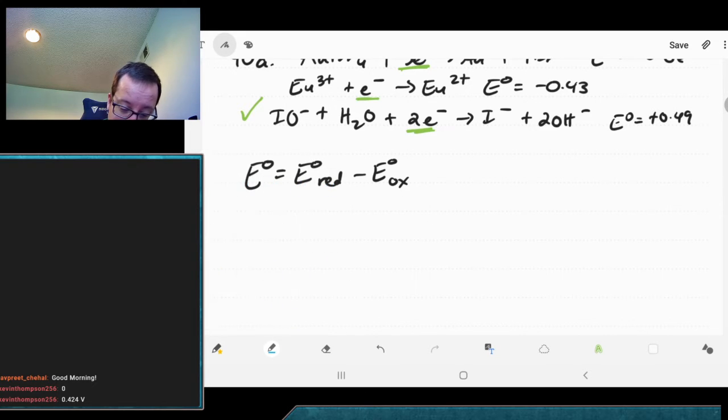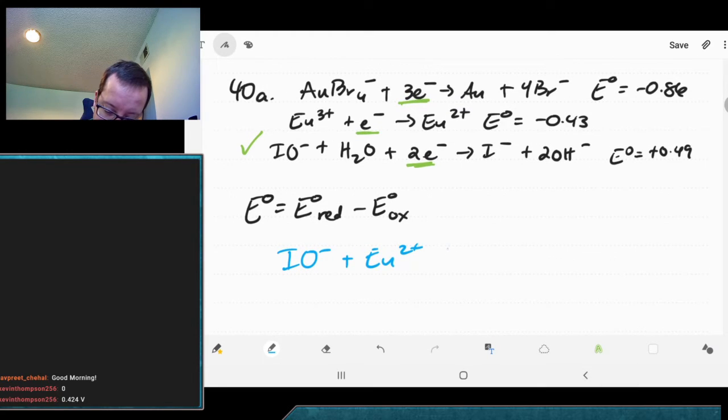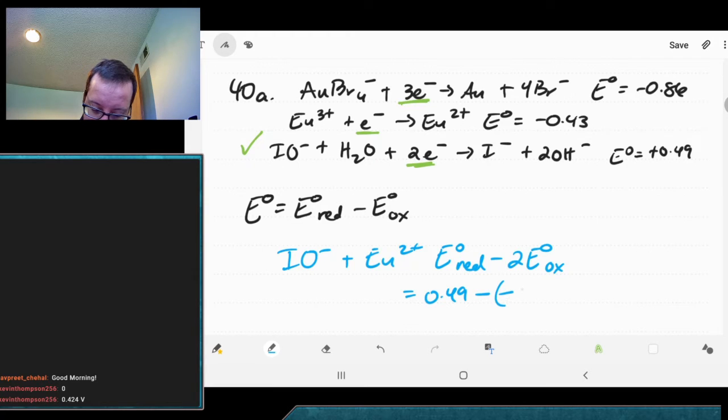If we're going to couple the second two reactions, if we do the iodite plus the opposite of this one, we're going to end up with 0.49 minus negative 0.86, which will be positive something, 1.35. That doesn't seem right. 4 plus, no, it is right, okay.